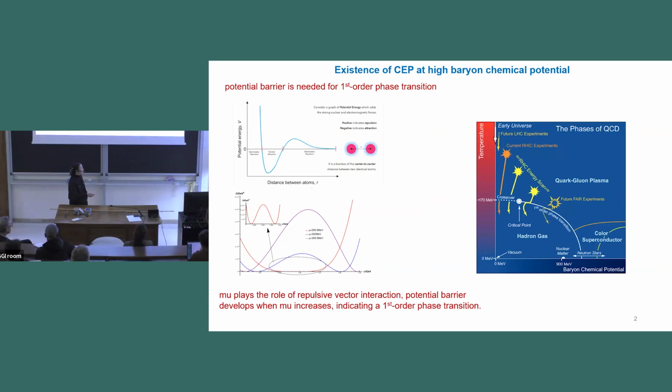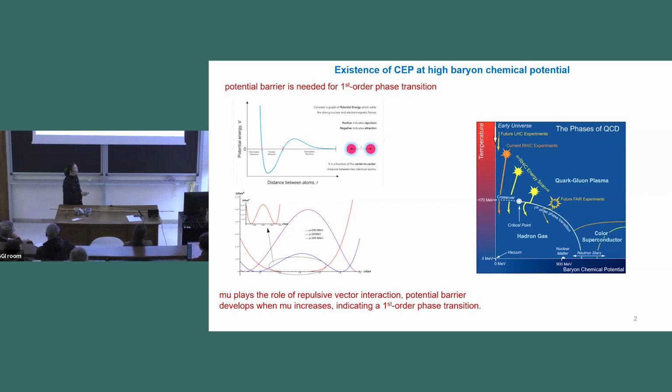So basically, this repulsive vector interaction will develop a barrier in your potential energy, so that eventually there will be a first order phase transition, right? If you have such a barrier in your thermodynamic potential, when you derive the system equilibrium, unavoidably you will have such a first order phase transition.